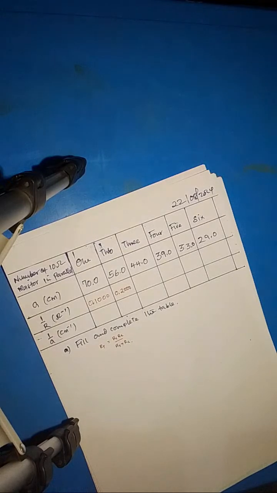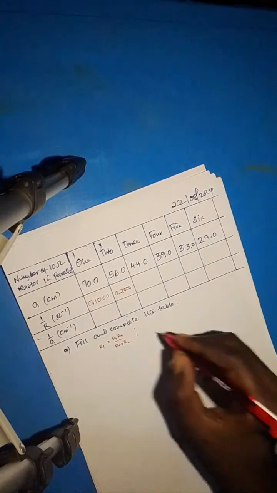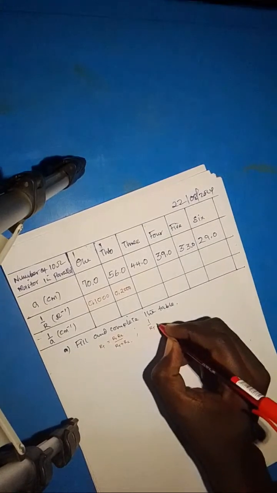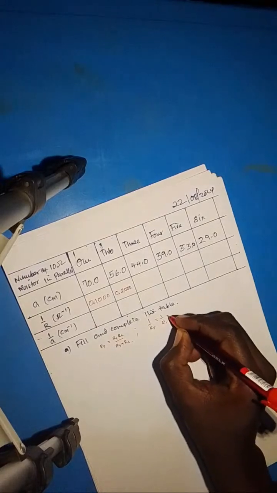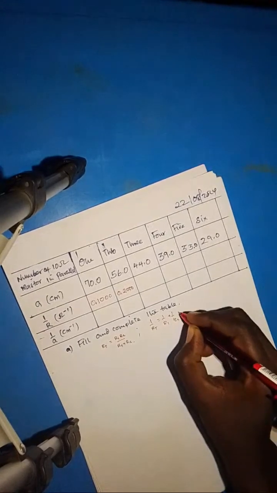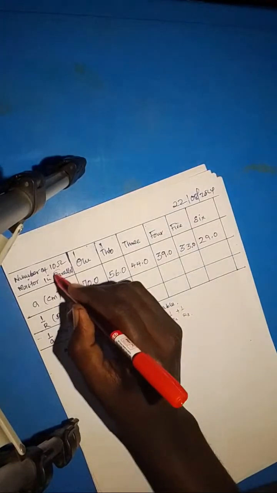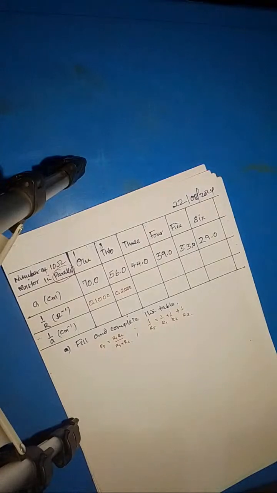From there, we go when we are having the three of them, where we usually say 1 over RT is equals to 1 over R1 plus 1 over R2 plus 1 over R3. We are talking of they are in parallel. Then this becomes 1 out of 10, 1 divided by 10, plus 1 divided by 10, plus 1 divided by 10.